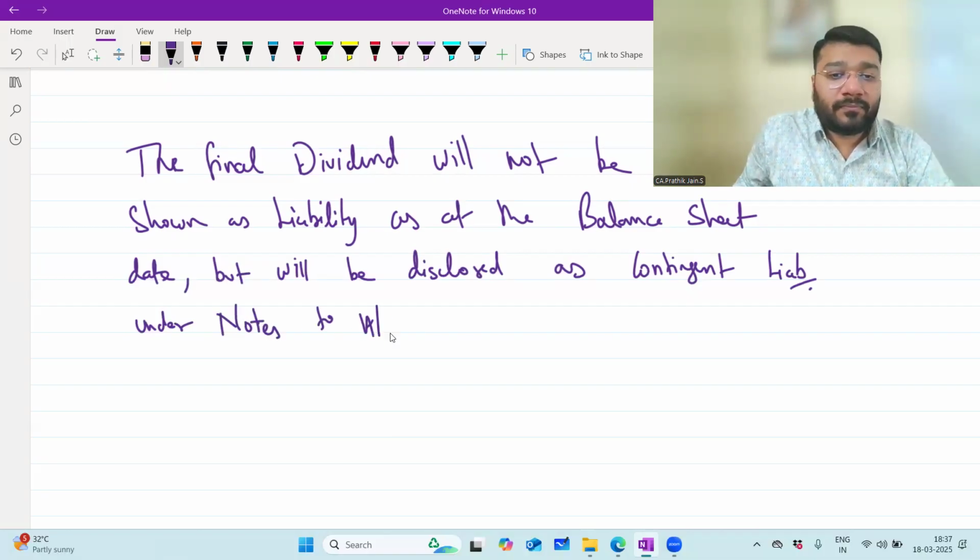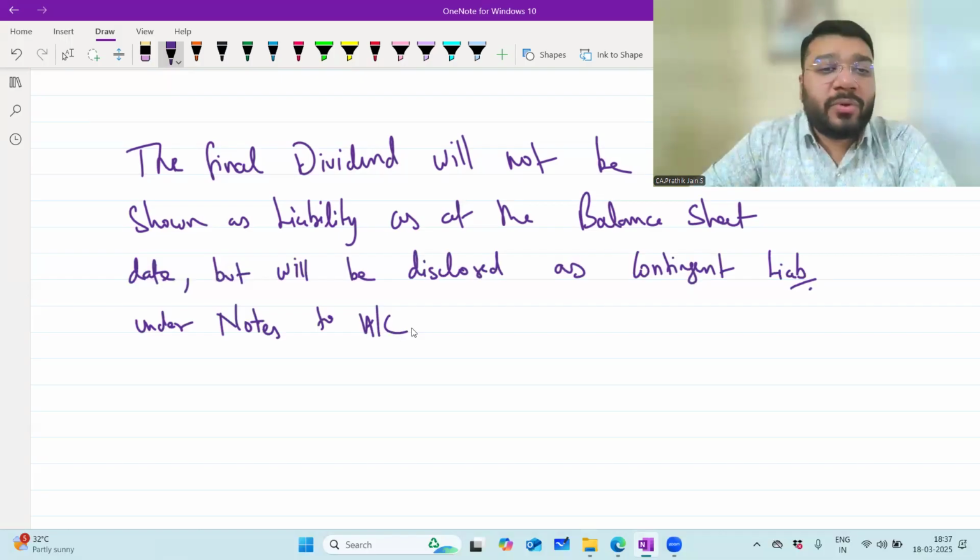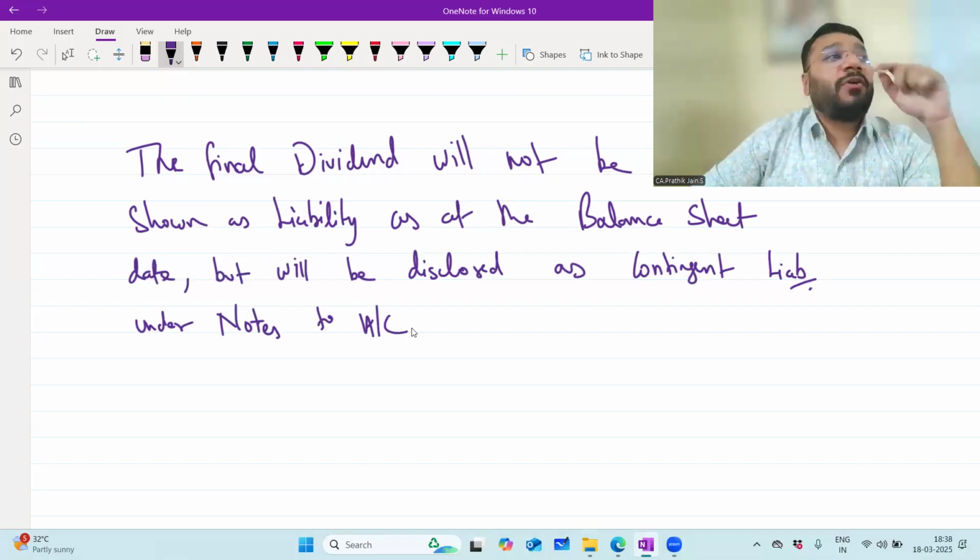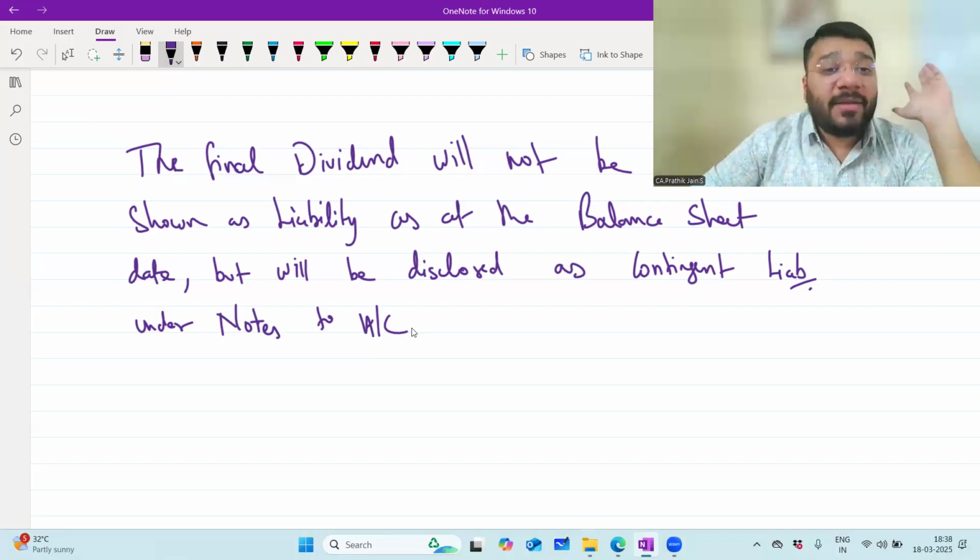The final dividend will not be shown as liability as at the balance sheet date, because the three conditions of being called a liability are not satisfied. Hence, it will be disclosed as contingent liability under notes to accounts.